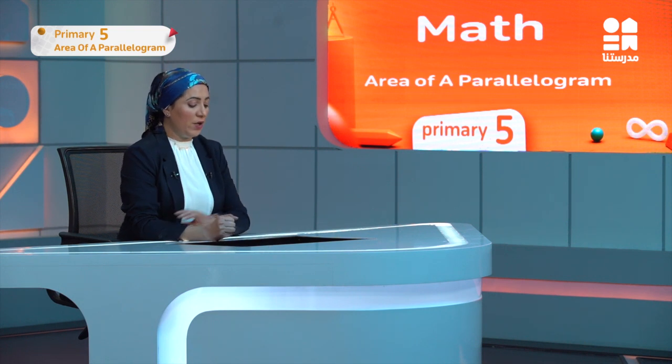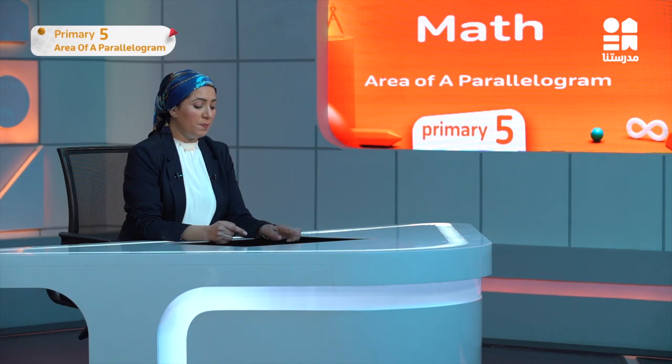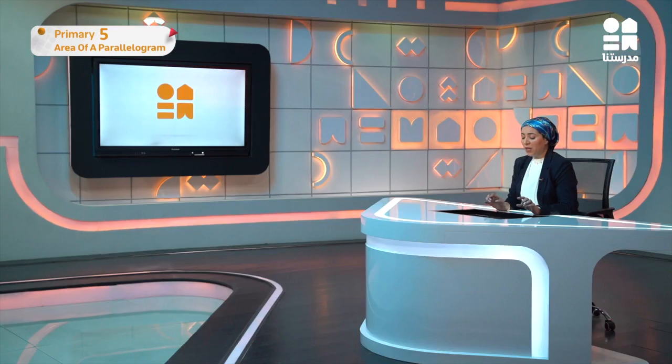Okay, as we see here, the two blue sides, the line segments PS and QR, are parallel to each other and equal in length. The other two sides, the green ones, line segments SR and PQ, are also parallel to each other and equal in length.